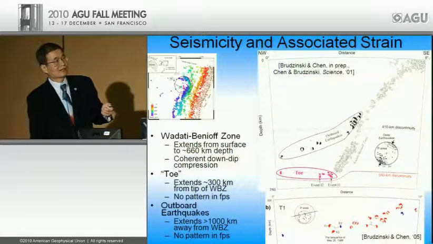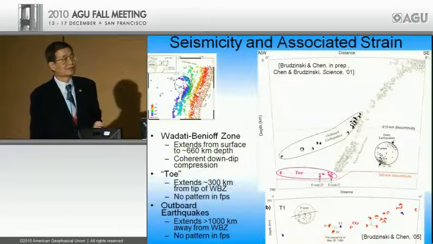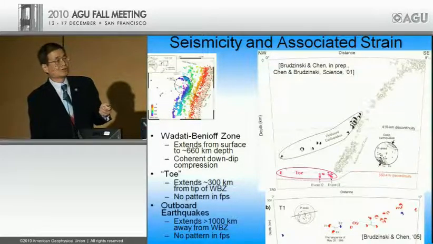Now, there's this thing called outboard earthquakes. They're kind of floating away from the Wadati-Benioff zone. They are plotted in dark color here. So their P-axis actually is somewhere here. They don't align with the classic pattern. Then there is this toe, this deflected part of the slab.